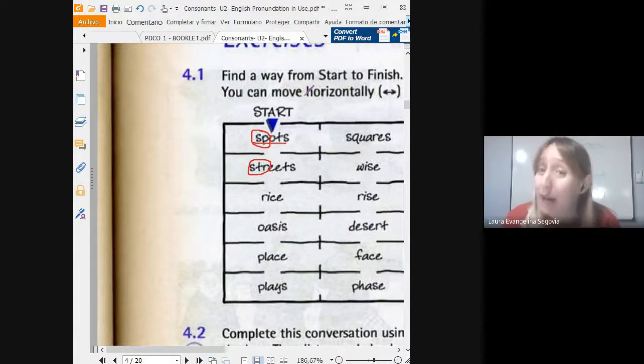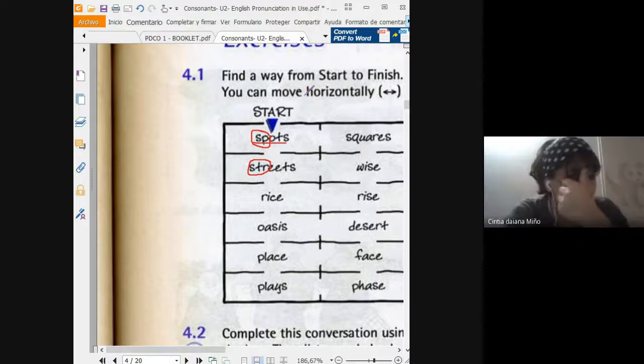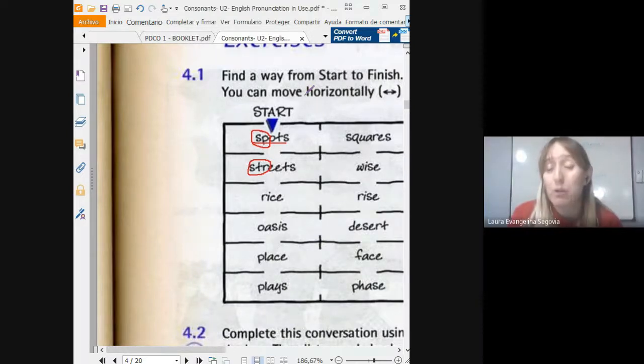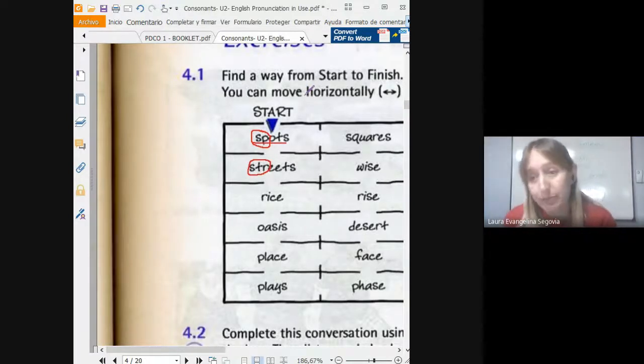Yes, how? Pre-final, final and post-final. And post-final, yes, because we can have up to 4 consonant clusters at the end, right? Good, very good.